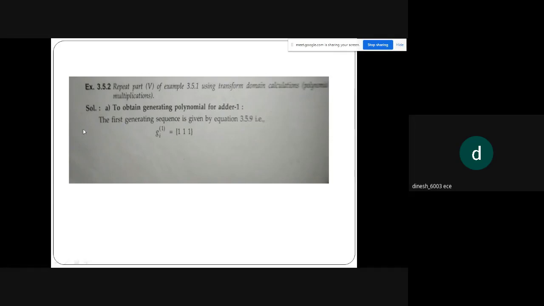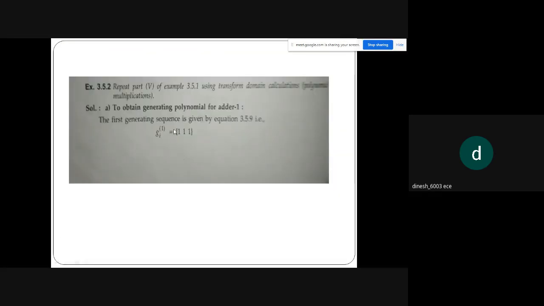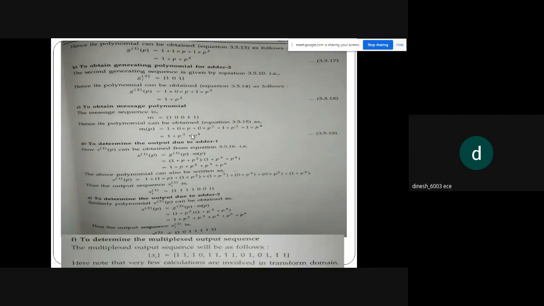Okay. So for that we need to recall the gi of 1, which is 1, 1, 1. Recall that. So g1 of p can be written as, since all the three are present, we can write the polynomial of that as 1 plus p power 2, with the generalized formula that we had seen in cyclic codes.